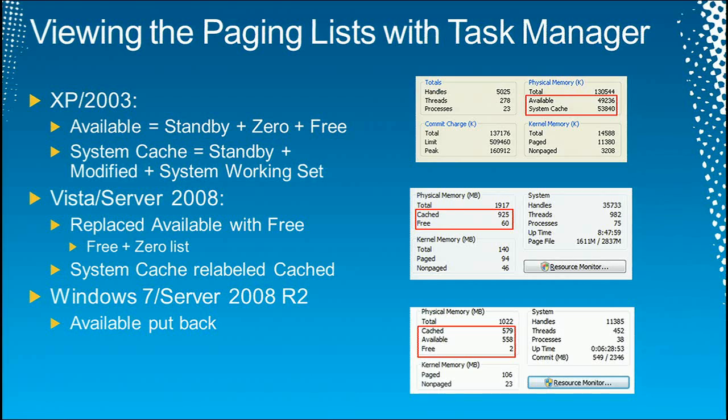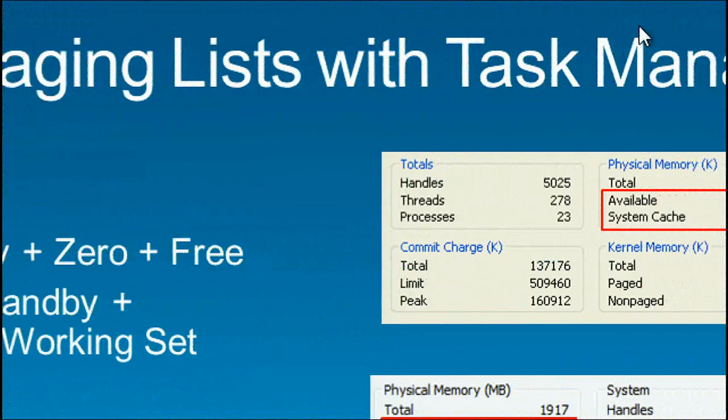So there's a few ways that you can look at the sizes of these paging lists, or at least some of the paging lists. Now this is some of the confusion with Task Manager that I think is kind of interesting. It shows you the thought level of the Task Manager guys. At the top, we've got Task Manager from Windows XP Server 2003.